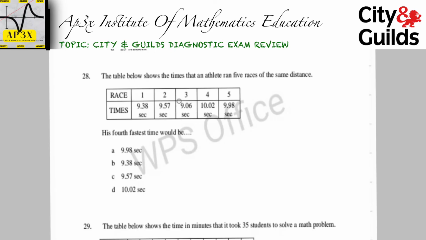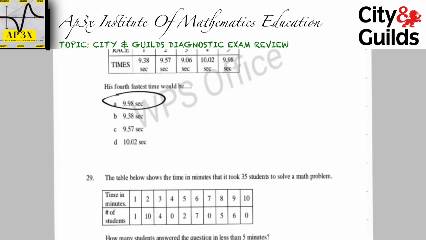So 4th fastest, let's start from the fastest time would have been here. This would have been the fastest time here, that's 1. Next fastest time would have been 2. The 3rd fastest time here would have been 3, and then the 4th fastest time would have been, say here, 9.98. So that's it, 9.98.